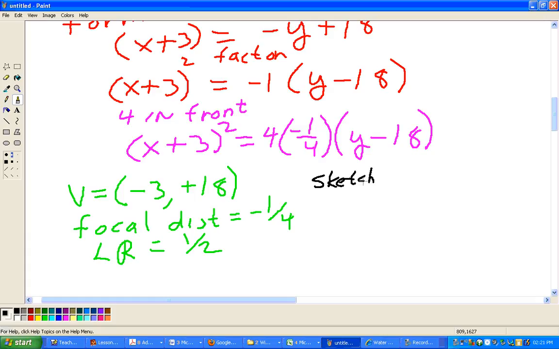So on my parabola, I need to leave enough room that I can get -3 on the x-axis and +18 on the y. I have a question. Yeah. How'd you get a 1/2 for LR? I doubled. Oh, okay, because it's 2p. Okay, gotcha.